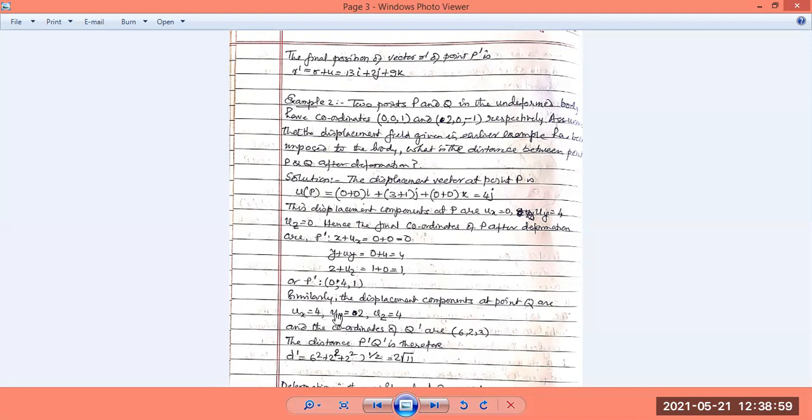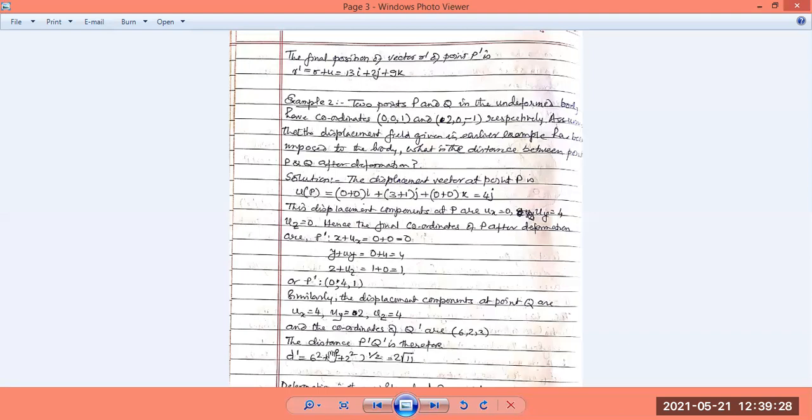The coordinates of Q are already given. So for the coordinates of Q dash, we have to add ux with x, uy with y, and uz with z. After adding, this will be 6, 2, and 3.